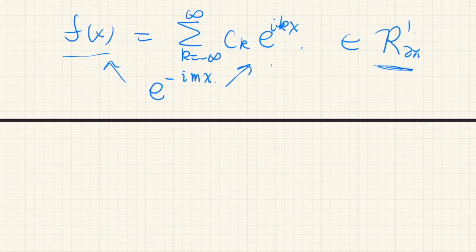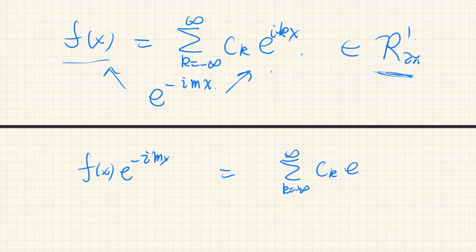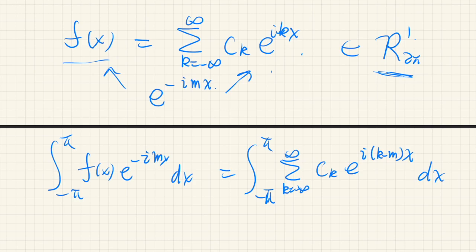Then on the left hand side, we have f of x exponential of negative i m x. And on the right hand side, we have this summation, c_k exponential of i (k minus m) x. And let's integrate both sides from negative π to π.